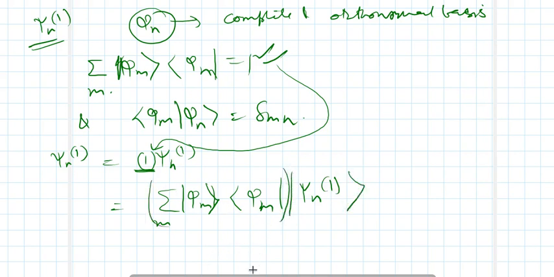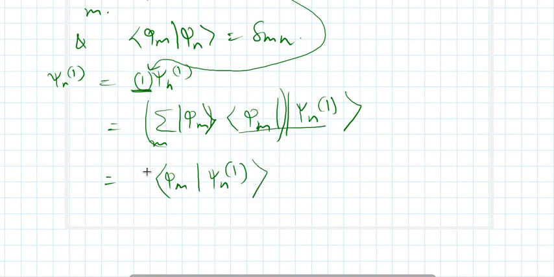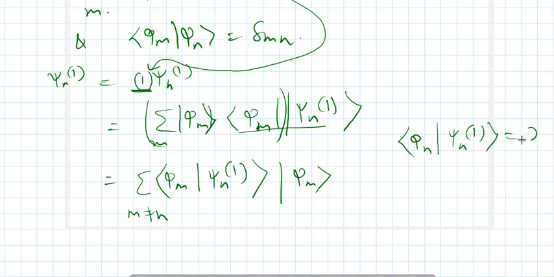Let me rewrite this equation. This can be rewritten as phi m psi n1 put together, and it is a summation over m, but m is not equal to n. This is because phi n psi n1 is always equal to 0, as we did earlier. Let me call it equation number 18.